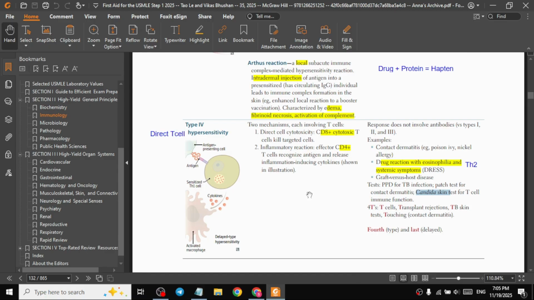Okay. Now the last one you need to talk about is DRESS syndrome, right? DRESS syndrome is drug reaction with eosinophilia and systemic symptoms. The general rule I stated was that if you see eosinophilia, you know it's Th2, right? But a lot of people see eosinophilia and think, well, that's IgE, which is mediated by type 1.